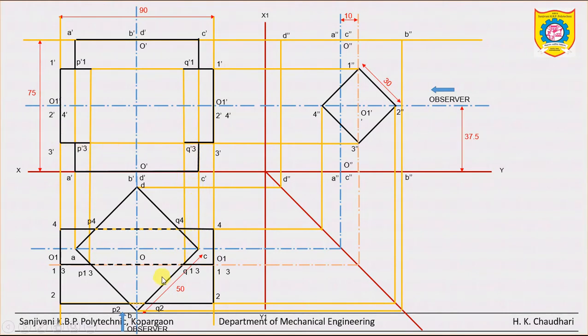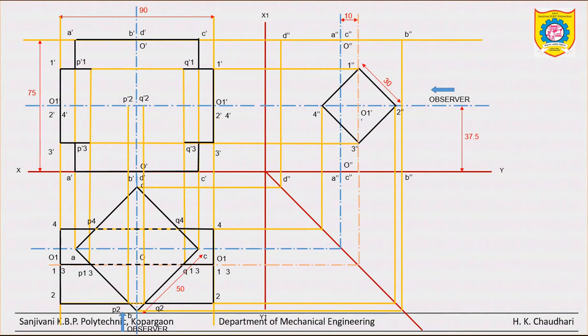Now see, from point P2, draw the vertical projection. We got here the point P dash 2. Similarly from Q2, here will be Q dash 2. Clear? Now see, from P1 to P2 there is an inclined edge. How?